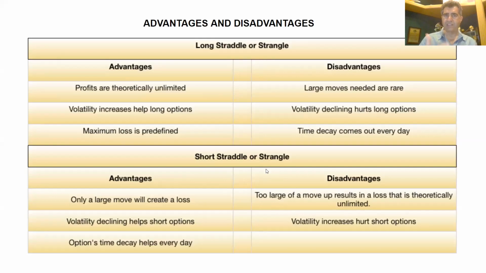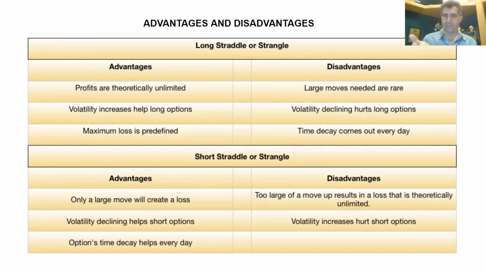And that is the reason we will compare strangles to straddles. For instance, the advantages of both long straddles and strangles is your profits could be unlimited. And why is that? Because you're buying a long call and a put, and if you hold on to it, maybe an event happens and then the call, or the put, can really go as high as it could be. So basically, theoretically, your profits are unlimited. Again, it's when you buy something, that's what it is.